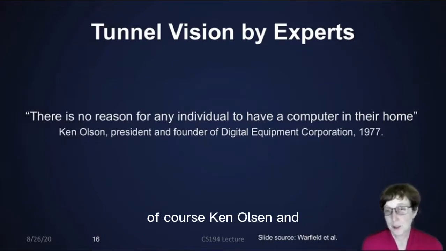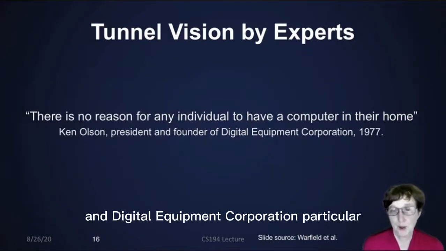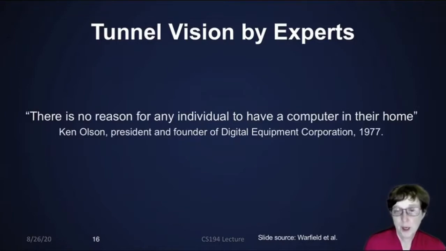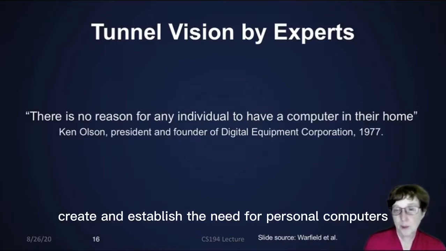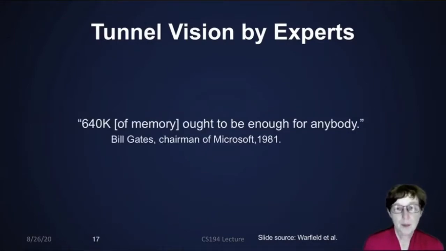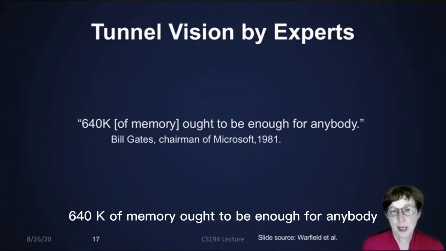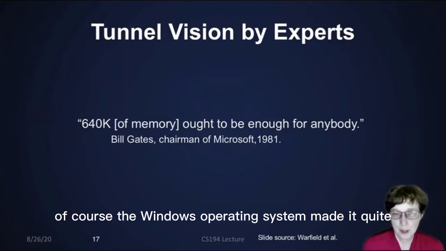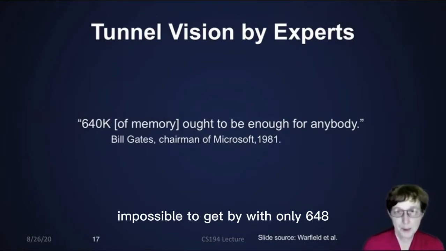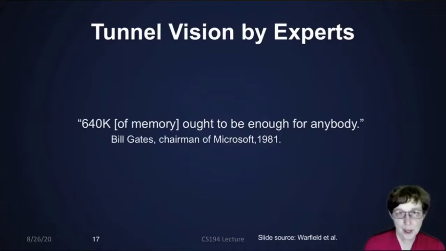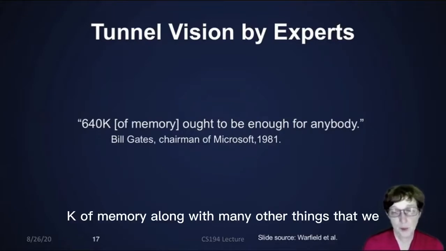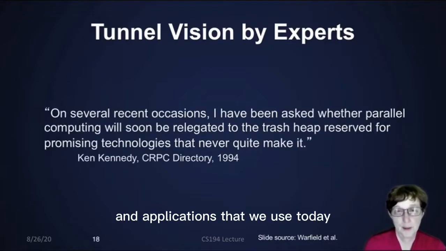Of course, Ken Olsen and Digital Equipment Corporation in particular went on to really create and establish the need for personal computers. Bill Gates said 640K of memory ought to be enough for anybody. Of course, the Windows operating system made it quite impossible to get by with only 640K of memory, along with many other things and applications that we use today.